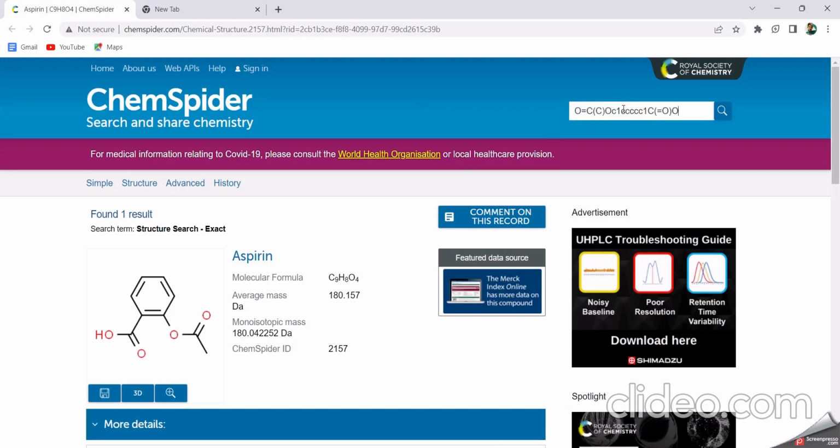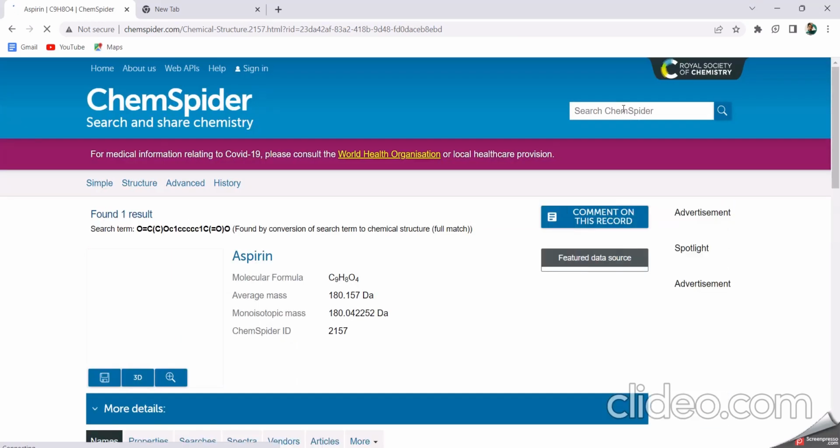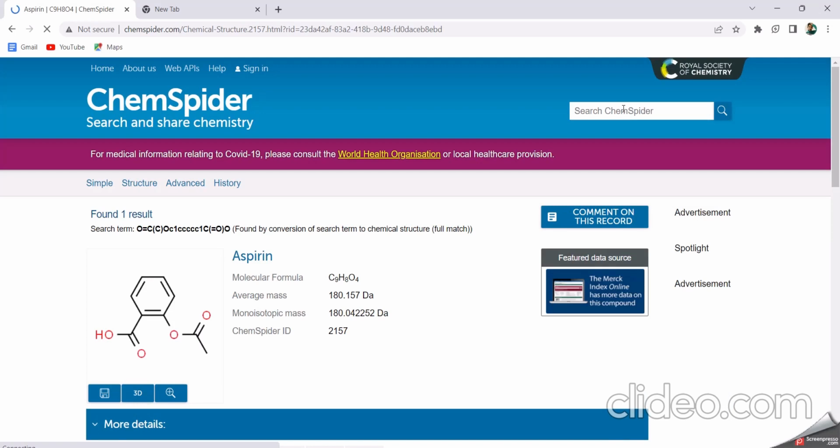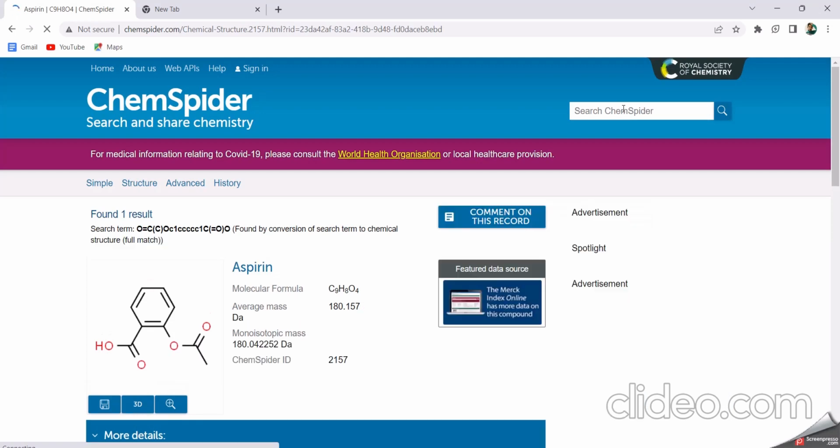Then generate SMILES notation. Then the aspirin structure appears. This is the aspirin structure. By using the SMILES, the structure is obtained.